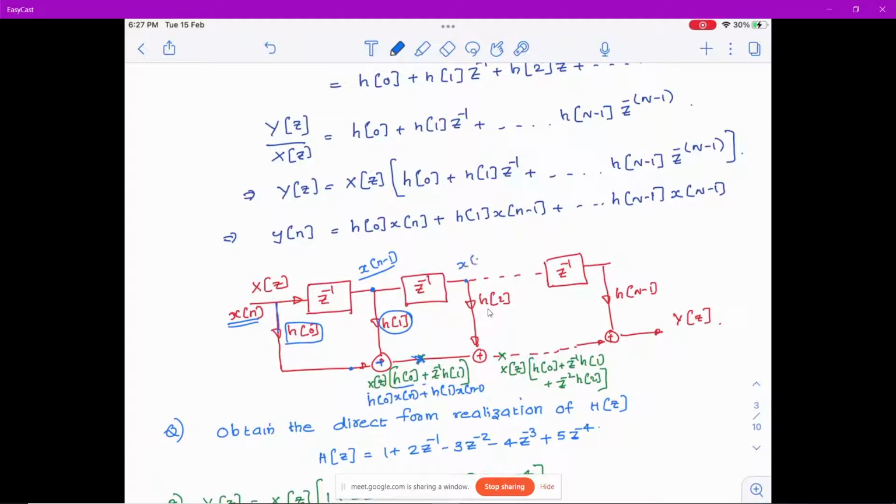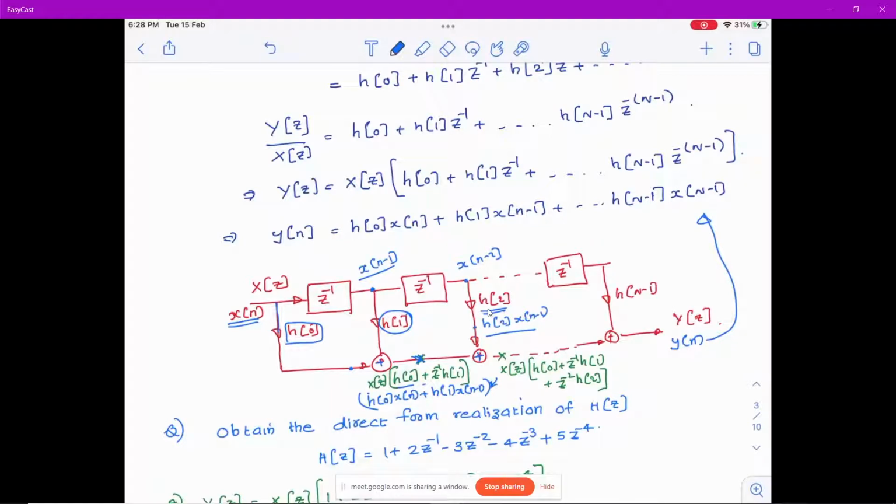So this is x of n minus 2. You multiply by h2. So this is h of 2 into x of n minus 2 here. So this you are adding with the previous terms. Okay, so at the end y of n will be this equation.